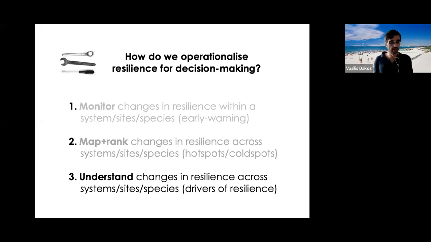The first thing to do, of course, is to go on the ground and verify whether the changes that we find are the ones reflected from these remote sensing exercises. But this is, again, logistically quite difficult, and definitely something to pursue, but I don't know exactly how and at what scale. On the other hand, if we can combine this information with other available information, maybe we can get a better understanding of these changes in resilience, whether they make sense or not, and how to cope with them in order to take a decision.